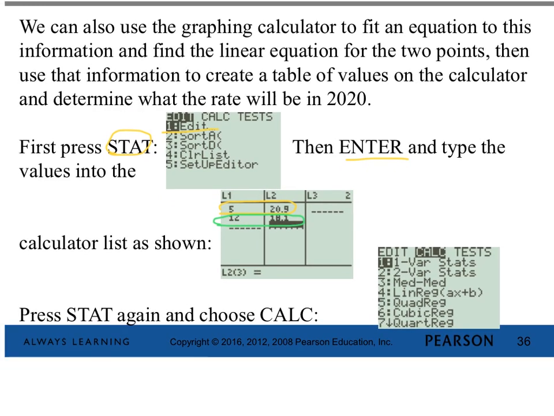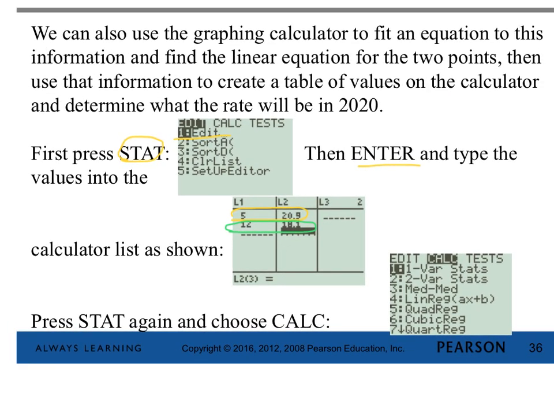Then you're going to press stat again, and choose Calc, which is the middle menu. I didn't use the entire year.